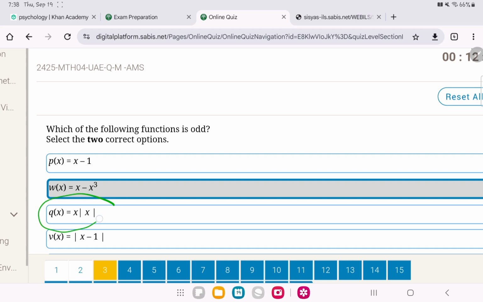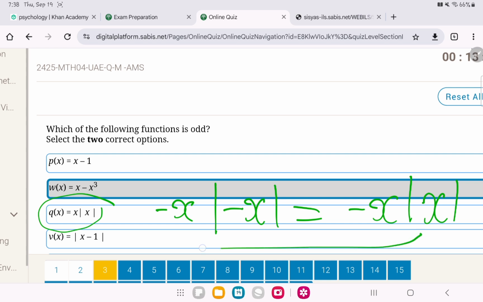Next one is this. Let's substitute the x's by minus x. So we're going to have minus x, absolute value of minus x, which is the same as minus x absolute value of x. So look, these two are different, so it is not even. Now, we said if it's not even, we multiply it by minus.